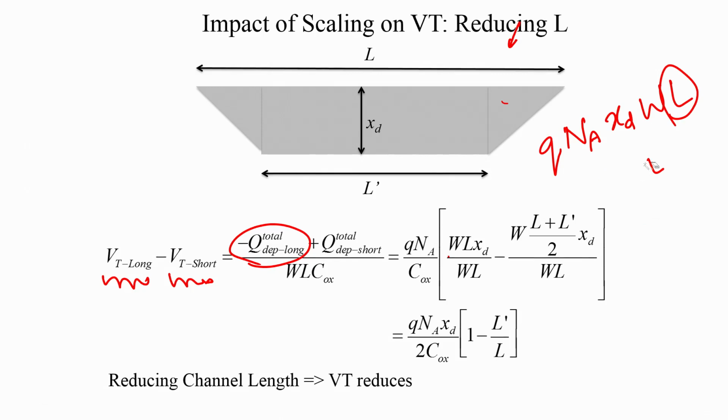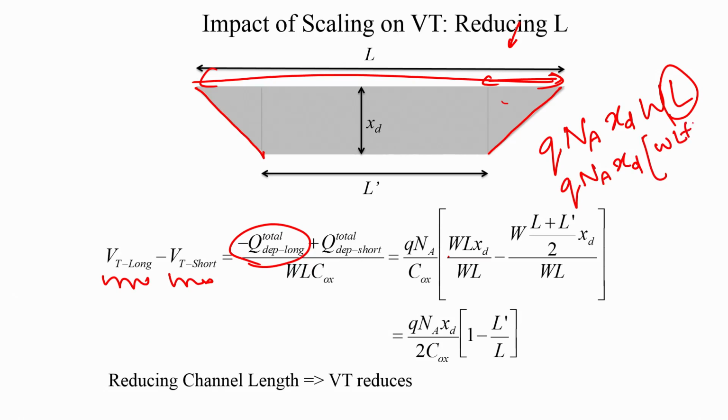Since L dash is much less than L, because a larger percentage of this region is depleted by the PN junction, or this region forms a larger percentage of the total length here, the area to be considered is the area of the trapezium. So, that is Q NA XD into W times (L plus L dash) by 2, that is the area of the trapezium.